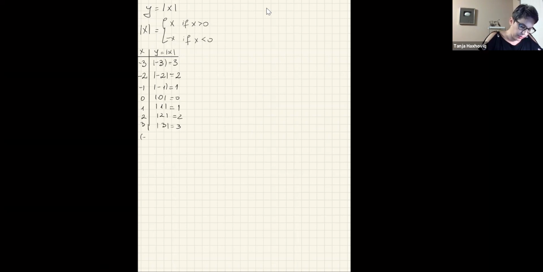So I'm going to plot points minus 3, 3, minus 2, 2, minus 1, 1, 0, 0, 1, 1, 2, 2, 3, 3, and then connect them.